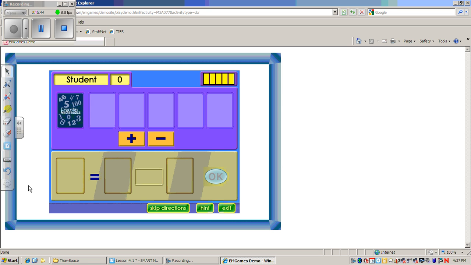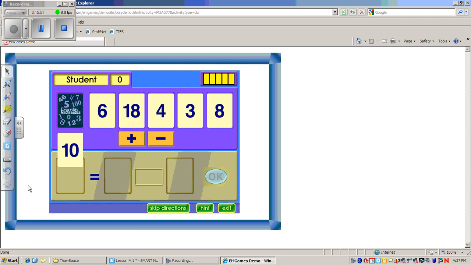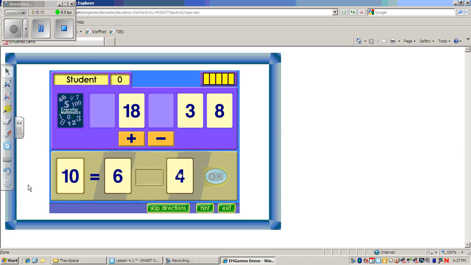Let's play Name That Number. Your goal is to use basic math facts to name target numbers. Let's see how many numbers you can name. At the beginning of each round, you get 6 cards. This card is the target number. You need to add or subtract 2 of the 5 cards on your mat to name the target number. Do you see 2 numbers that will work? Let's try these. All you have to do is add them to get your target number, 10.